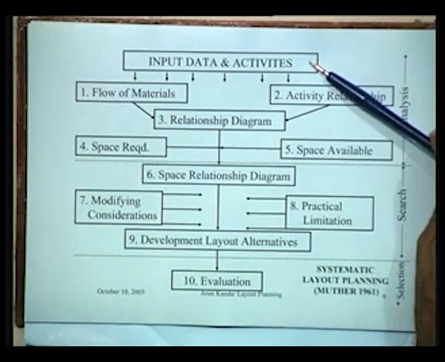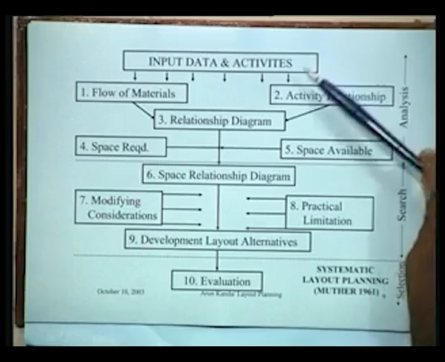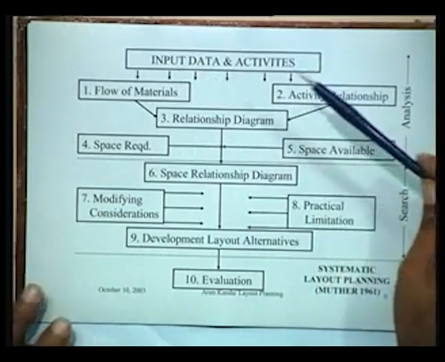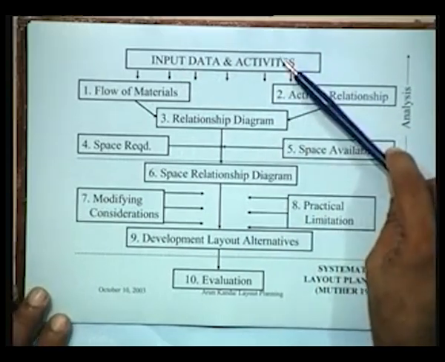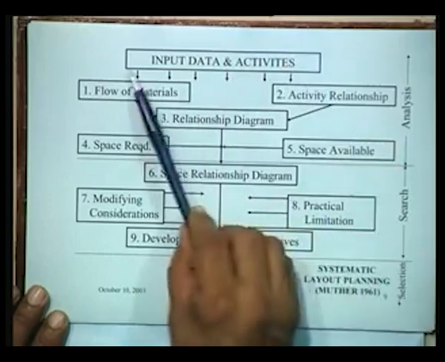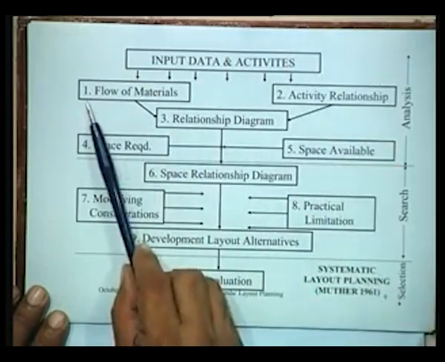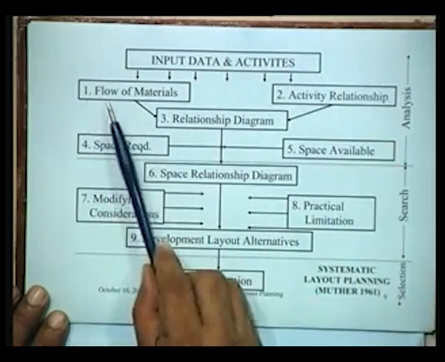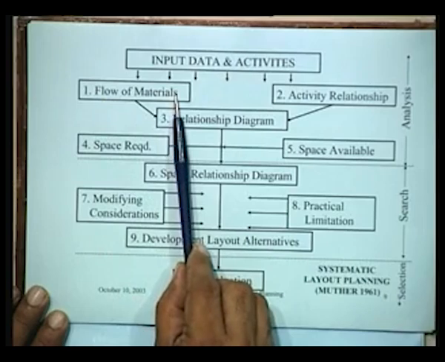So the input to the process of planning a process layout is essentially inputting this kind of data about the product, the process, and the schedule. And from this input data, the first step that is done is to identify the flow of materials.